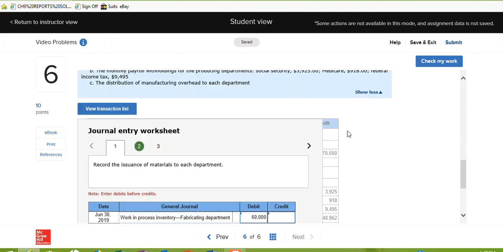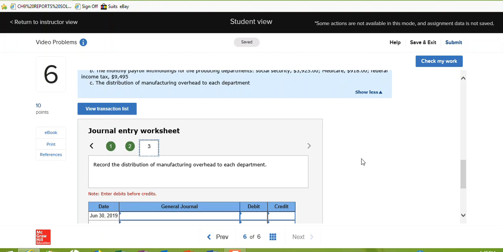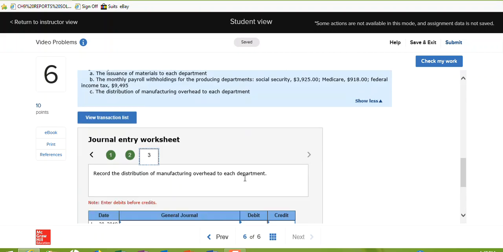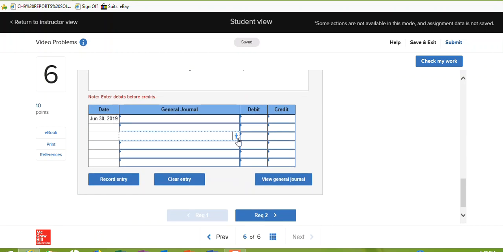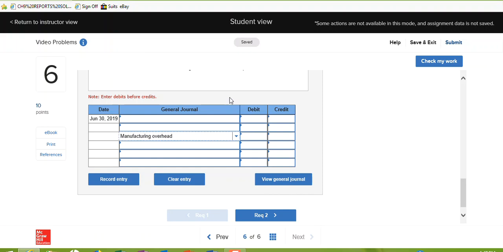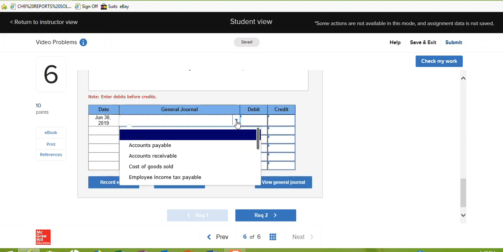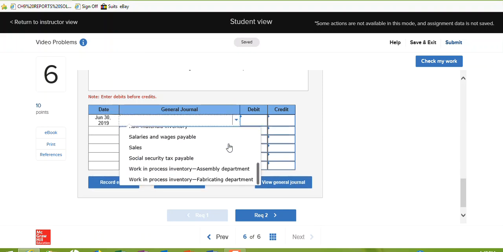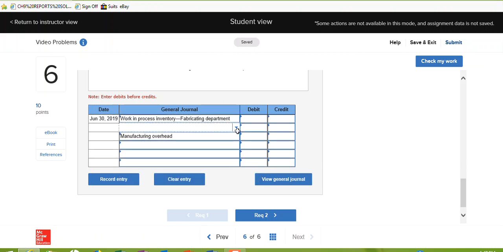All right, I think we've got one more entry. It says record the distribution of manufacturing overhead to each department. So we're going to take some amount out of manufacturing overhead because we're applying it. And we're going to put it into whichever department's work in process we're talking about. So we have a work in process fabricating and a work in process assembly.